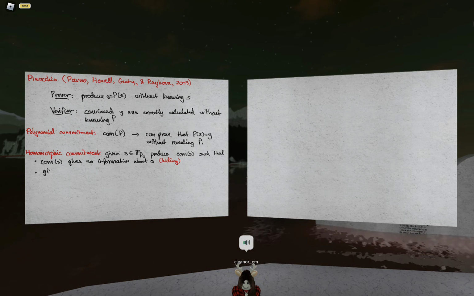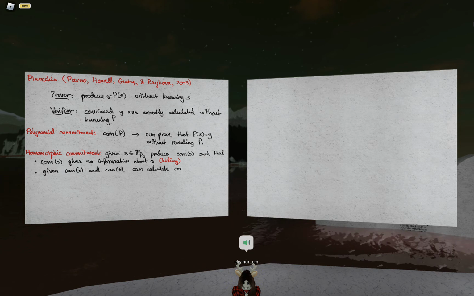So given com of S and com of T, you can calculate a commitment to S plus T and a commitment to ST.